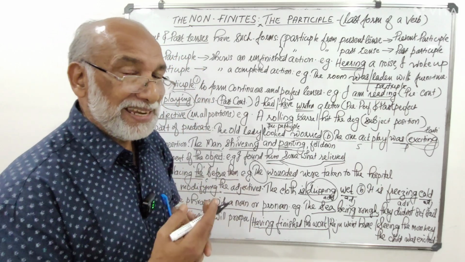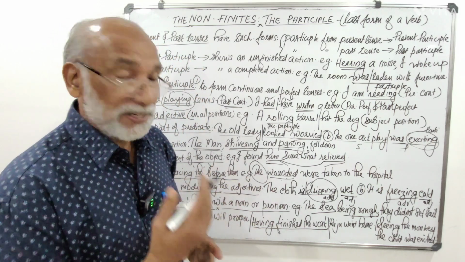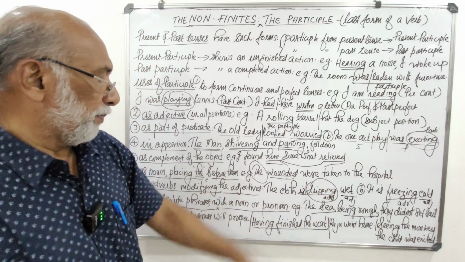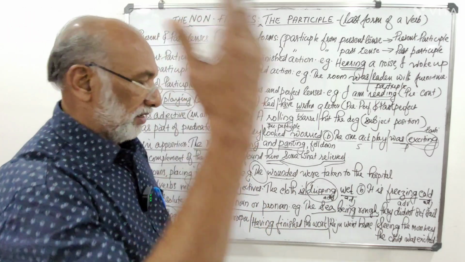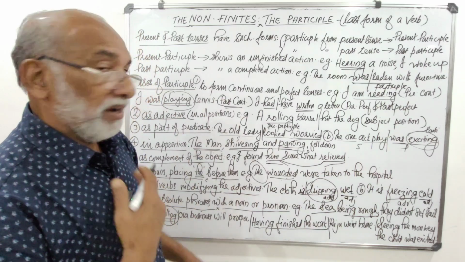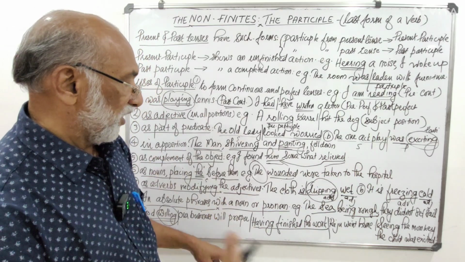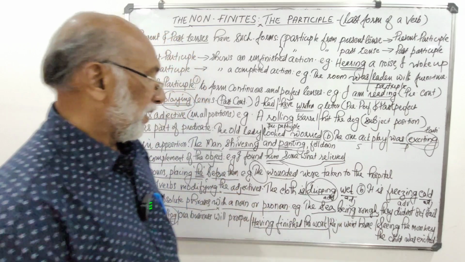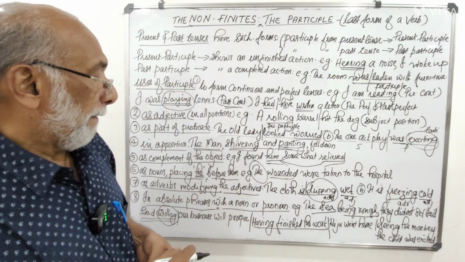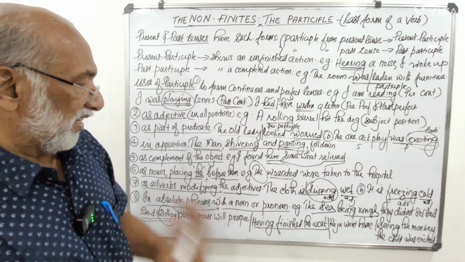As I said at the beginning, it forms the perfect participle. Having finished the work. I will give you more details about perfect participle in another short video. Having finished the work, Raju went home. Here our concern is the use of participle.